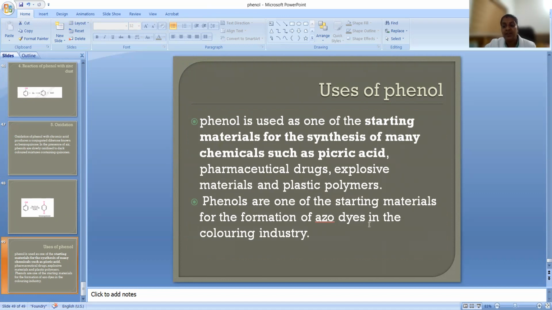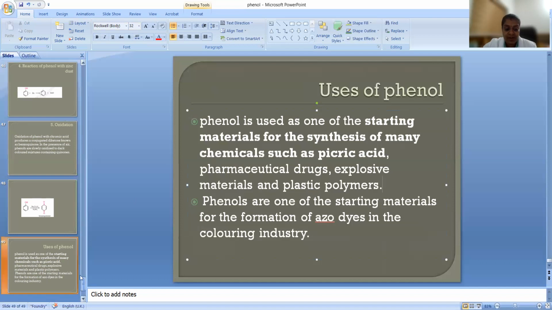In the amine chapter, we will learn how to make azo dyes also. That's all for today.